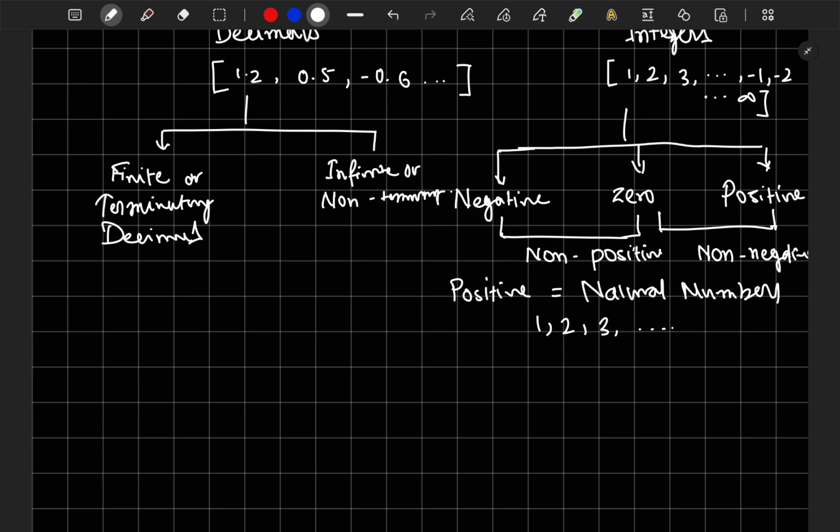So the finite decimals are like 4.2, 5.6, 6.24, etc. Such decimals can be represented in the form of p by q. And infinite decimals are like root 3, root 2, pi, 3 root 5, etc.